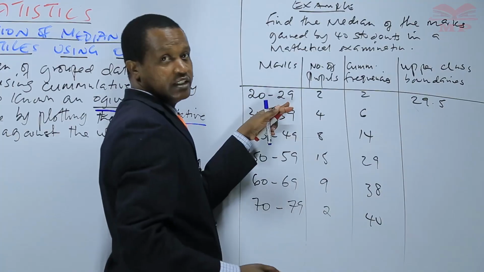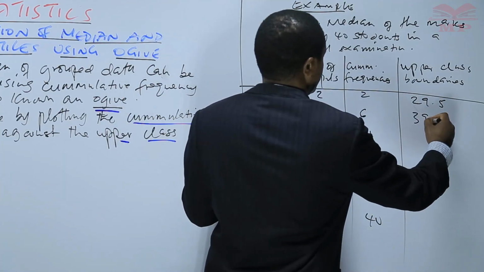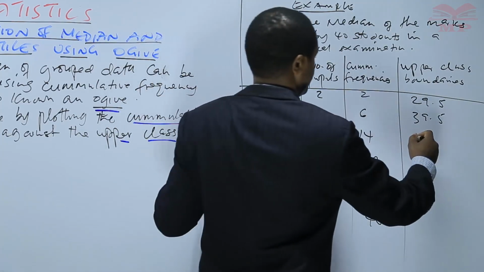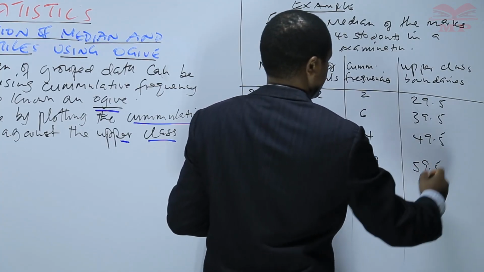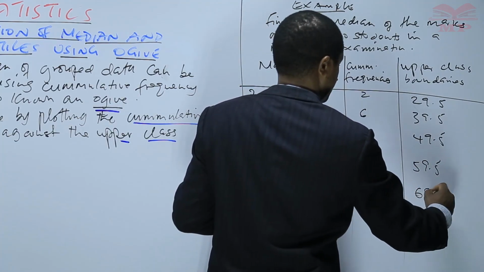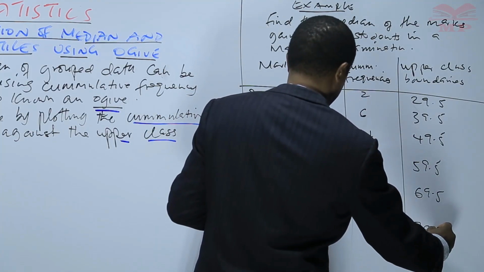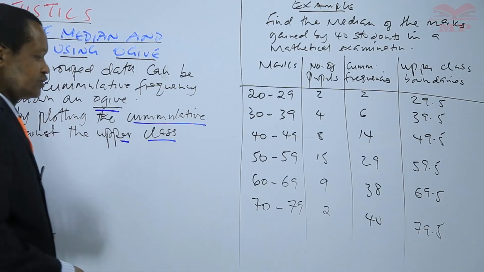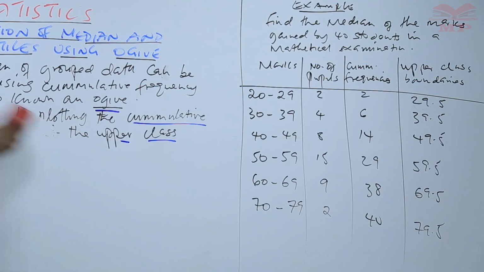We simply add 0.5. This will be 39.5, then 49.5, 59.5, 69.5, and 79.5.